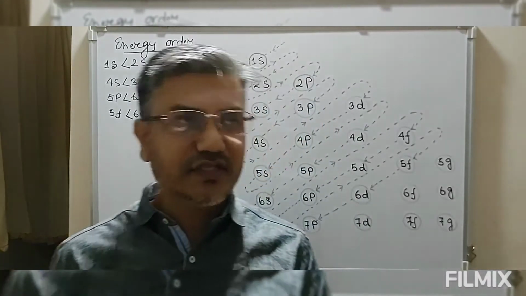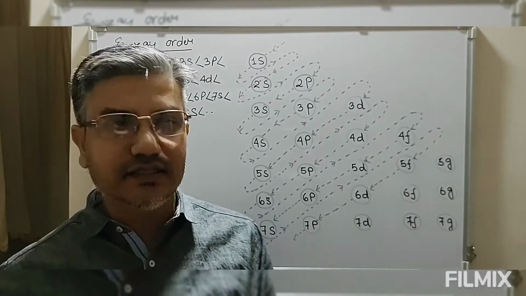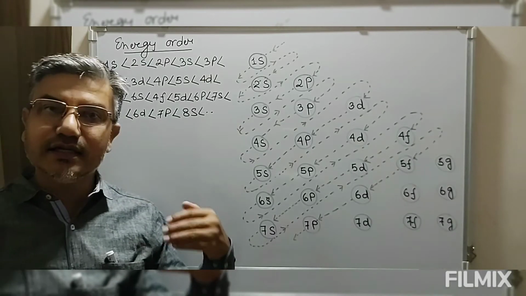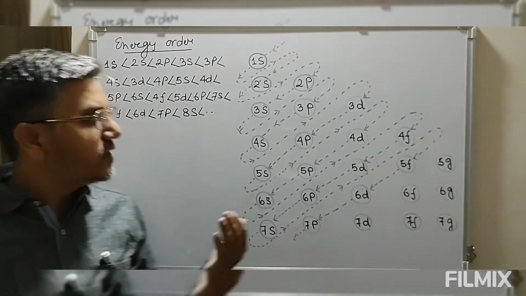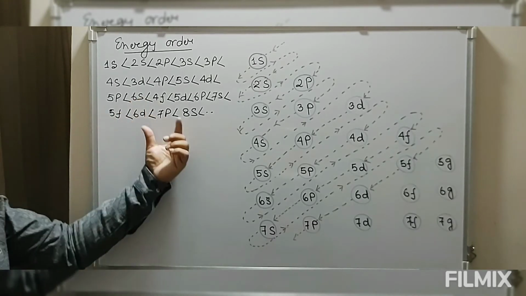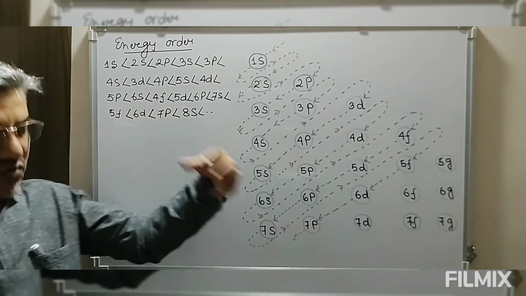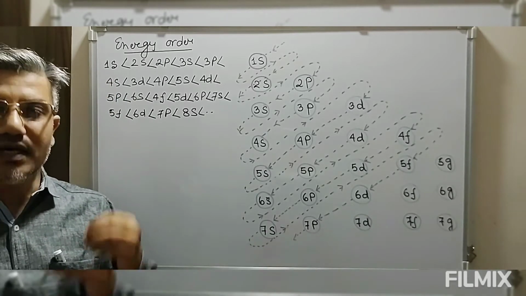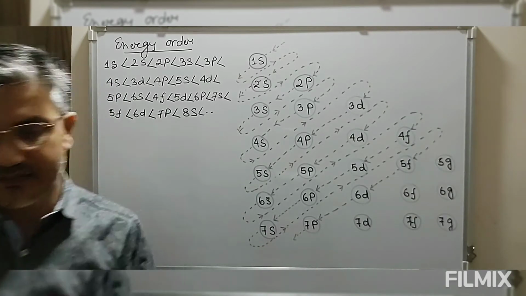We have to decide the number of electrons to be placed in any given orbital. So the next rule is to decide how many electrons can be placed in any orbital.